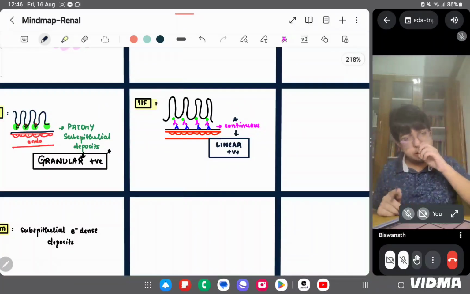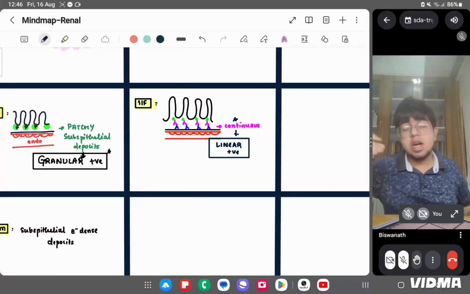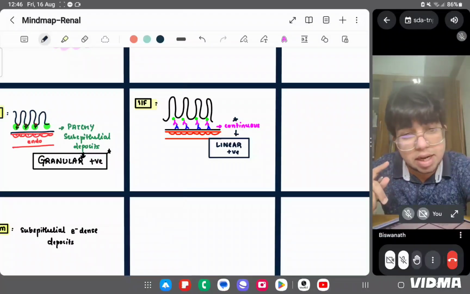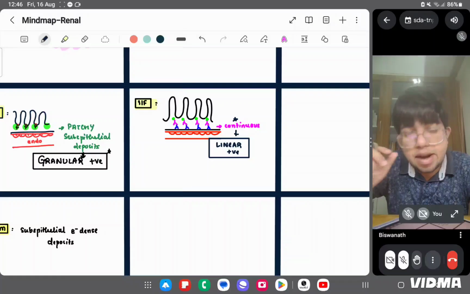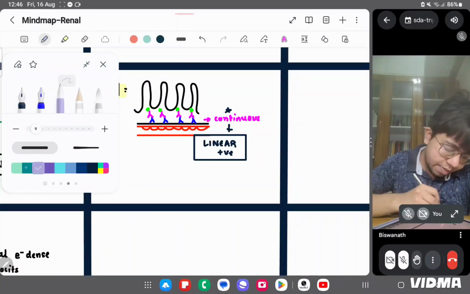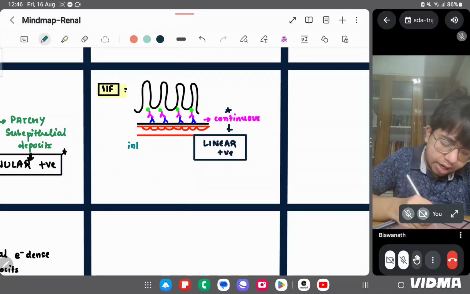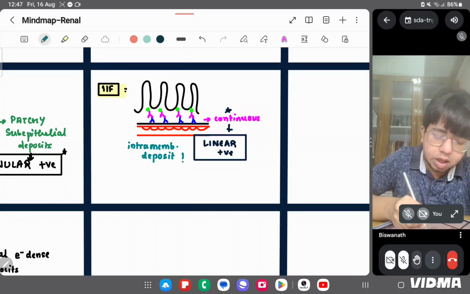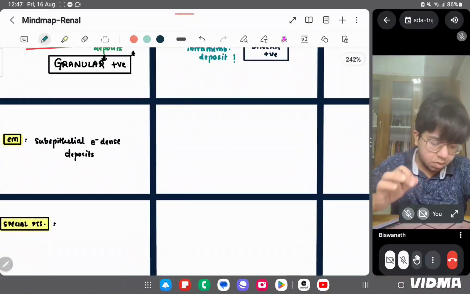So granular positivity is seen in membranous glomerulonephritis. In Goodpasture syndrome, linear positivity is seen. Just make sure to understand here. So there is intramembranous deposition on the glomerular basement membrane, an intramembranous deposit. Understood.